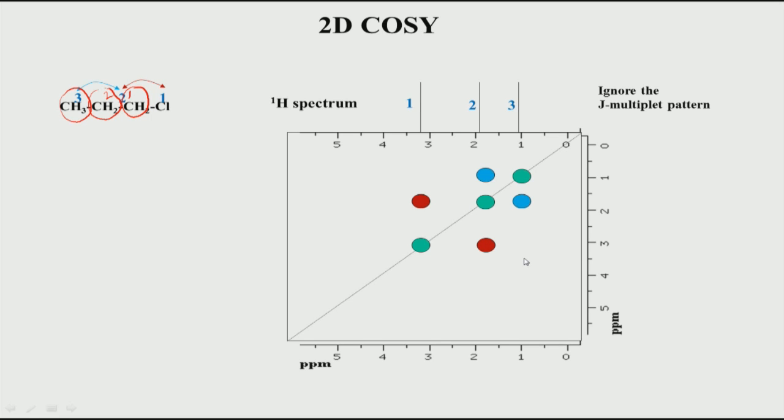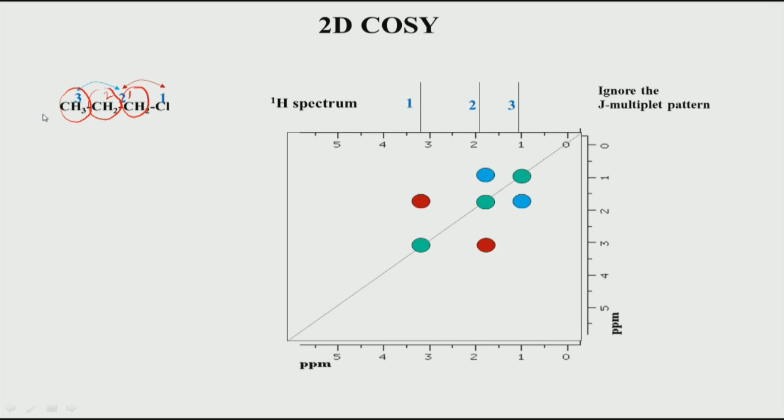Now, let us move on to the second pair, between 2 and 3. I expect coupling between this 2 hydrogen and this 3, and that is also shown here. So, what will be the peak pattern of 2? It will be a quintet. Why? Because there are 2 protons, sorry, in fact it will be a sextet. Why a sextet?